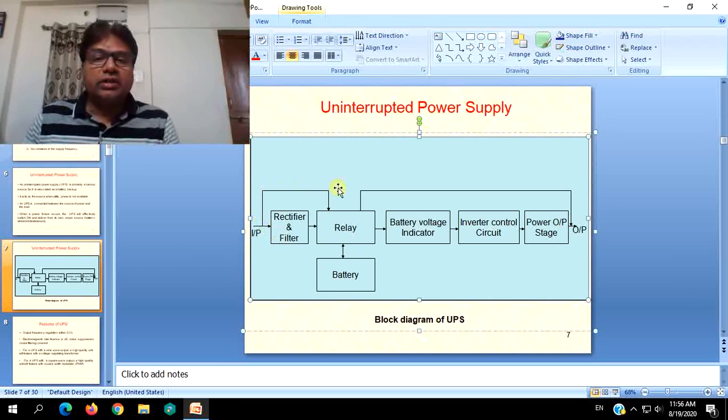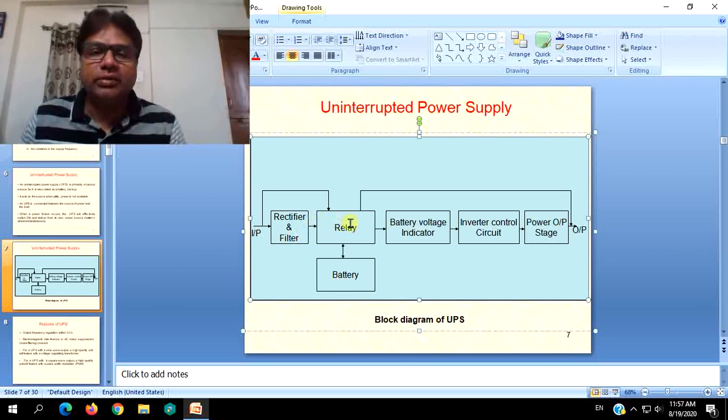This is also straight away given to the relay. With that magnetic field only, this relay can be operated. And this input is also converted from AC to DC with proper filtering. It will be made proper DC, and that will be given to the relay.